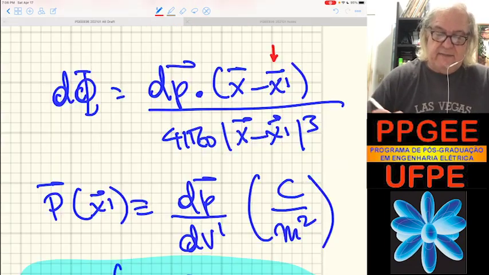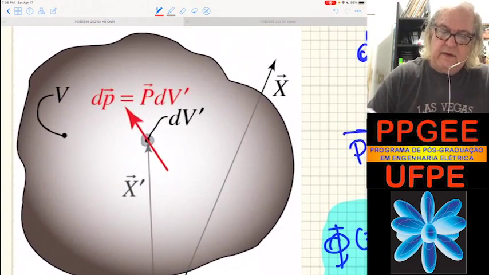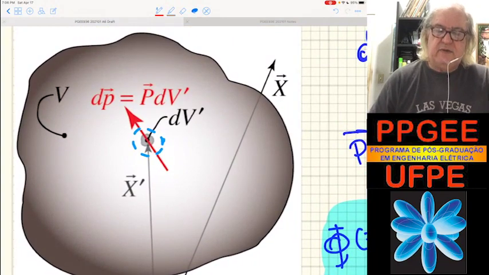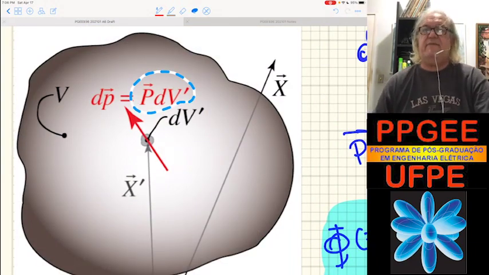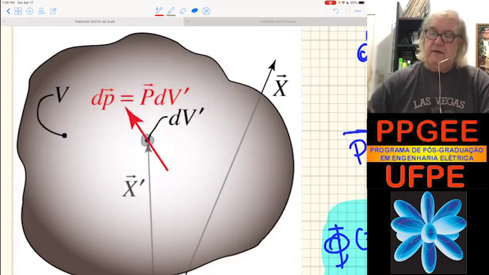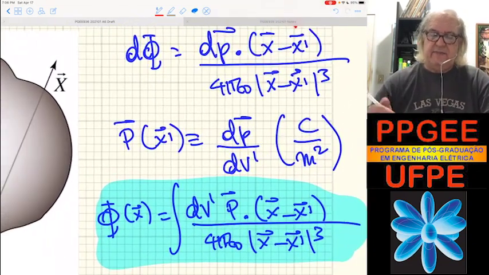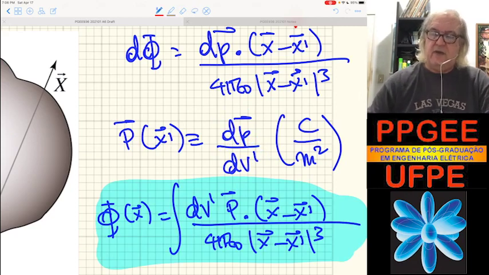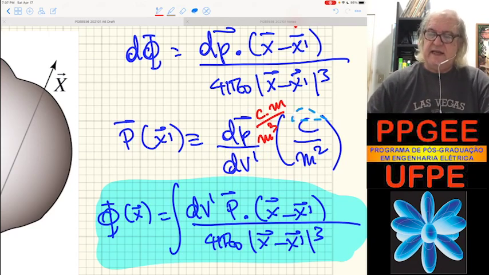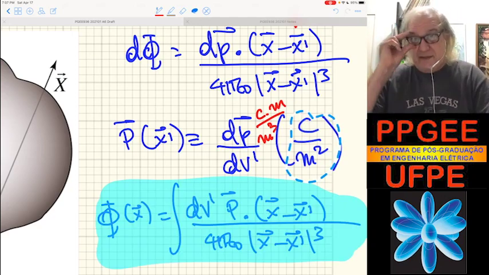In our case, we are talking about the total dipole moment in a volume, which is given by this function, P dV prime. This function, the polarization, is simply the ratio dP over dV prime, measured in coulomb meter per cubic meter, which is coulomb per square meter. It's just like surface charge density units.